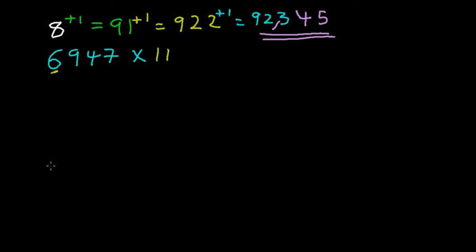You bring down the 6, that's the first digit, you write it down at the bottom. Then you do the first addition, the first and the second digit, 6 plus 9, which gives you 15. You bring down the 1, you add it up to the last digit on the ground, which becomes 7. Then you can now conveniently bring down your 5.